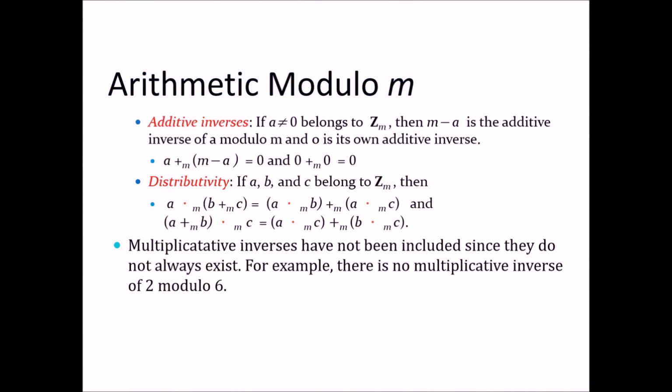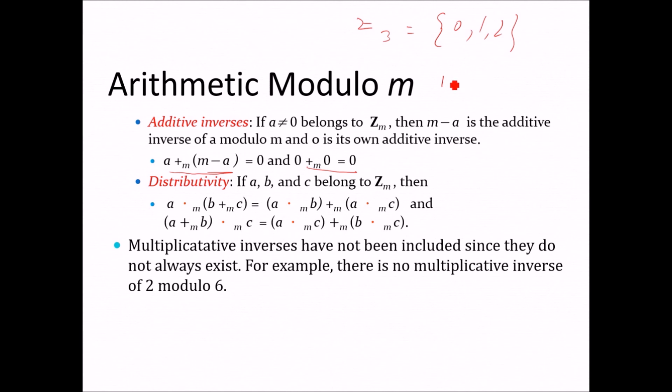Now arithmetic modulo m, additive inverse. Again let's have the set Z3, which is equal to 0, 1, 2. Now we need to find the additive inverse. What is the additive inverse of 0? This is always 0. And the additive inverse of any other element a apart from 0 is m minus a. So m here is 3 and a here is 1.